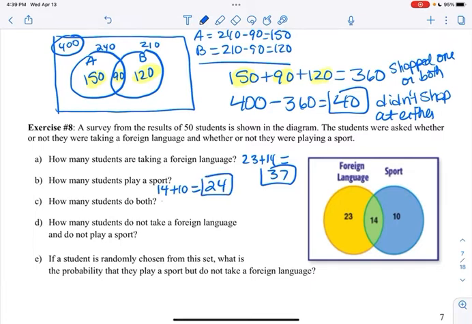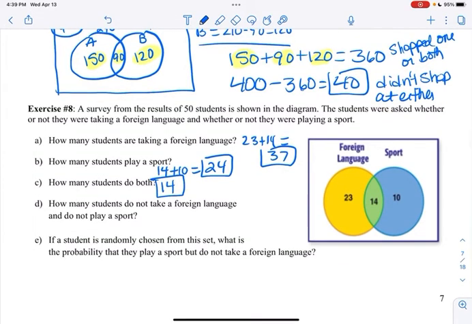How many students do both? That's the overlap in the middle. That's 14. How many students do not take a foreign language and do not play a sport? Well, remember, there's 50 students total, so I'm going to put 50 up here. That's my total. So I'm going to do 50 minus 23 minus 14 minus 10.